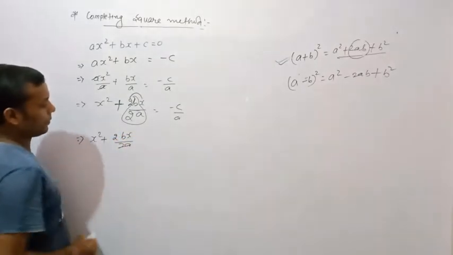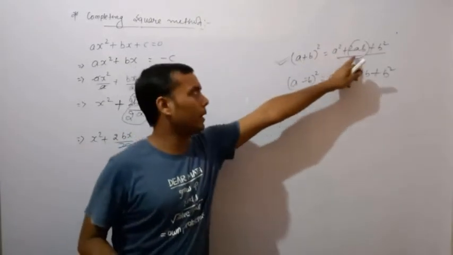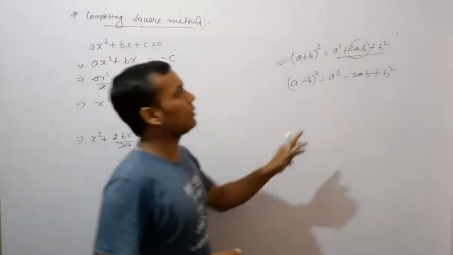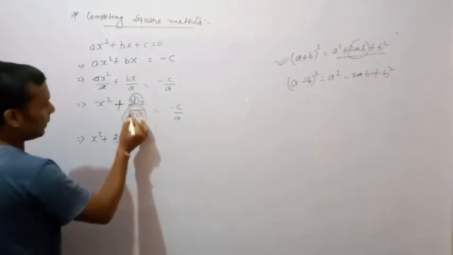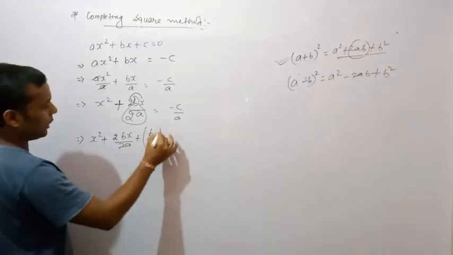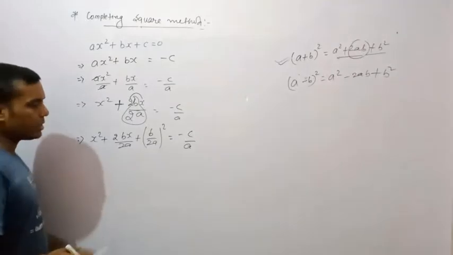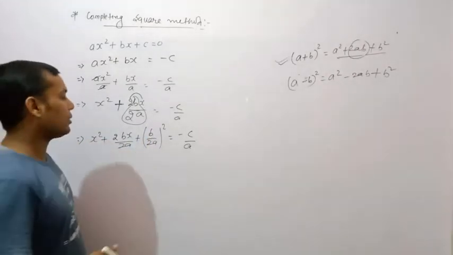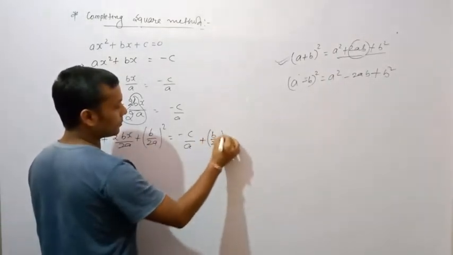2bx by 2a. Now students, x square means a square, plus 2ab means 2bx by 2a. We are lacking the term plus b square. Plus b square means b by 2a was our b. So we can write b by 2a to the whole square equal to minus c by a, as we have added b by 2a whole square to the LHS, so we add the same term to the RHS.